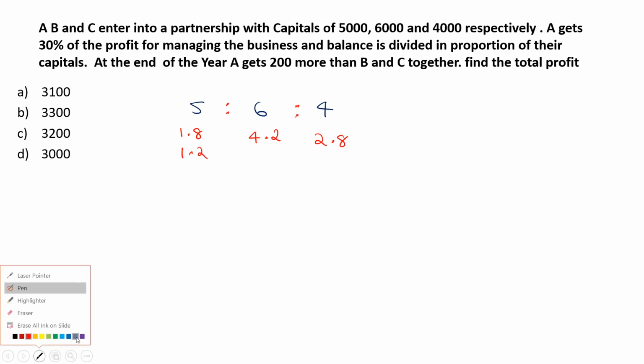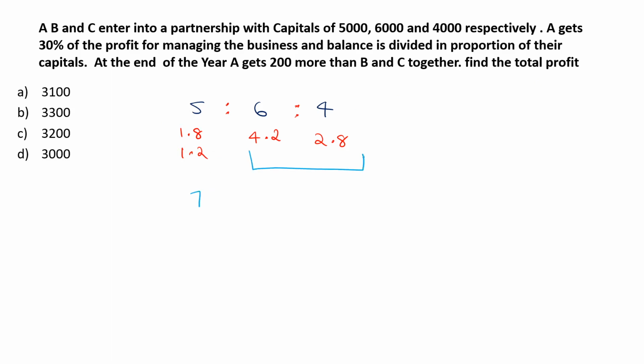It is given that A got 200 more than B and C together, and we need to find the total profit. The part of A would be the sum of 5, 1.8 and 1.2, that is 8. And the part of B and C taken together would be 7.